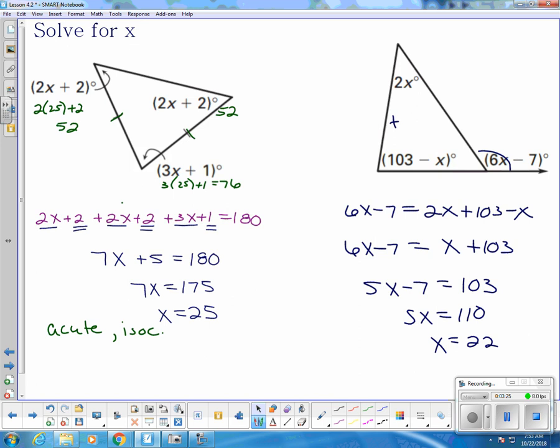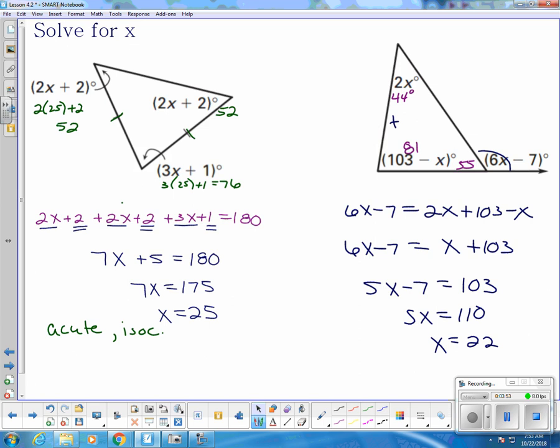Again, I'm going to put this in. 22 times 2 makes this angle 44 degrees. 103 minus 22 is 81. And 44 plus 81 subtracted from 180 gives me 55.